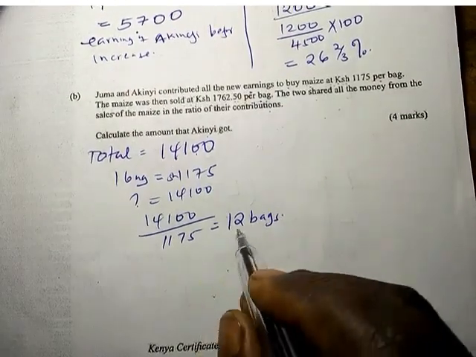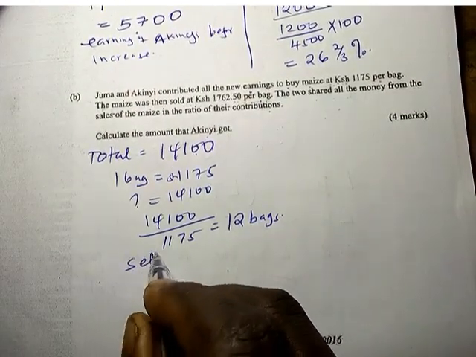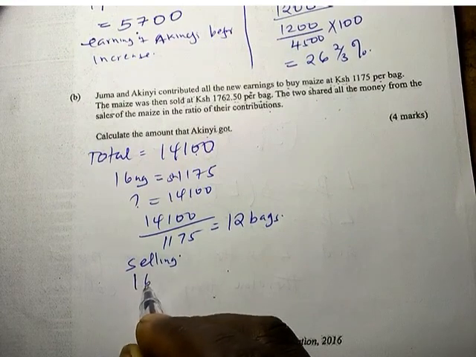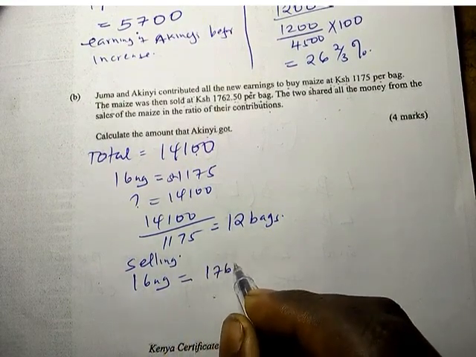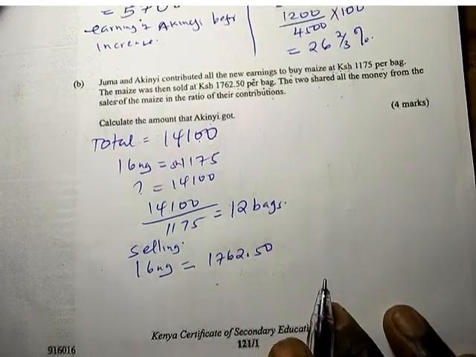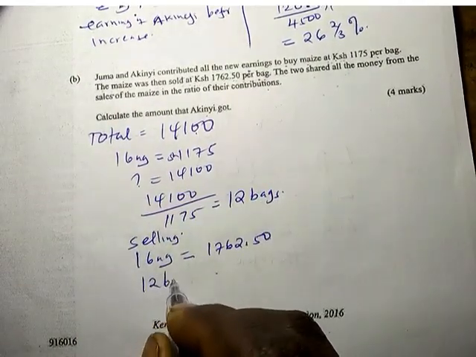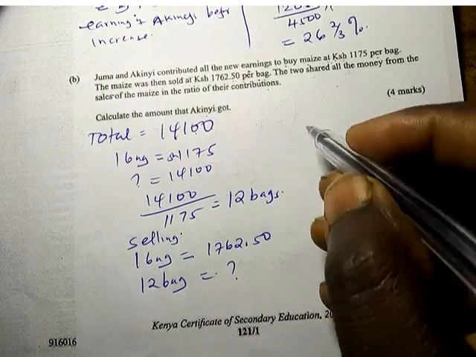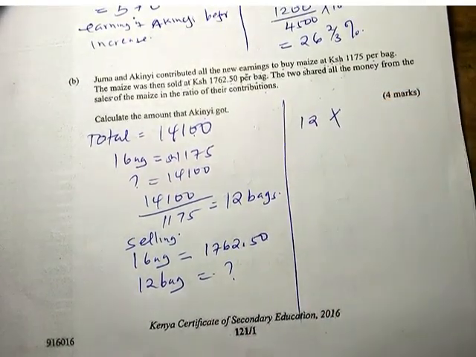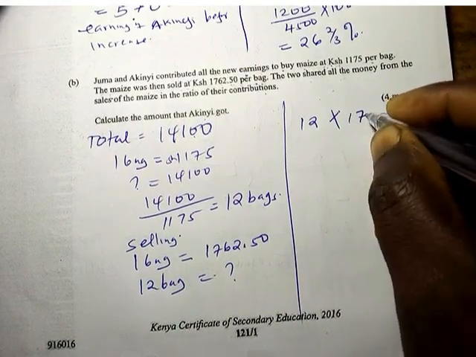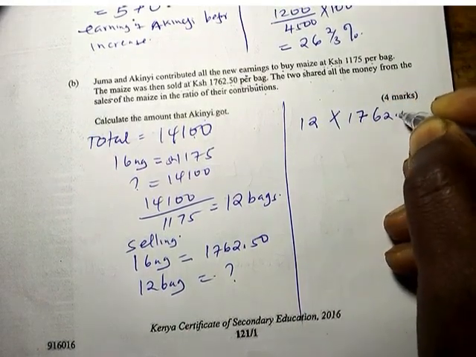Then they sold each bag at 1762.50. So we will ask 12 bags, what was the cost? So it is 12 times 1762.50.